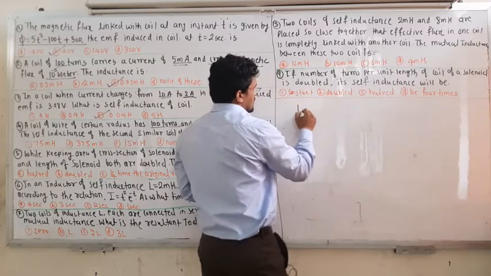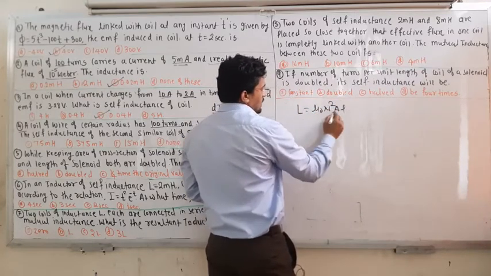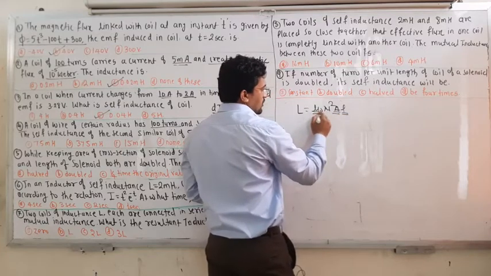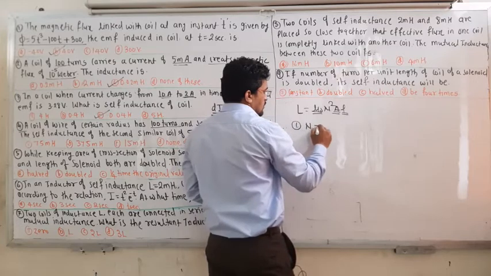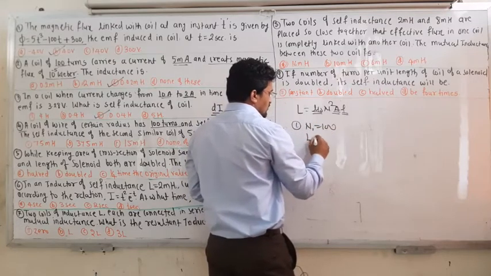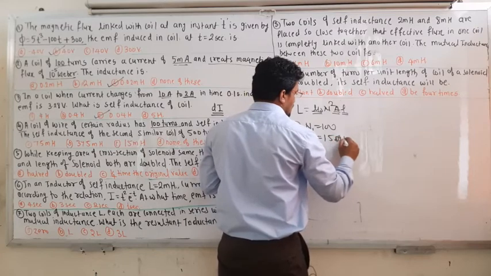So we know self inductance is equal to mu naught N square A L. So A will be same, L will be same, mu naught will be the same. For the first coil, where N1 is equal to 100, the self inductance is 15 milli Henry.